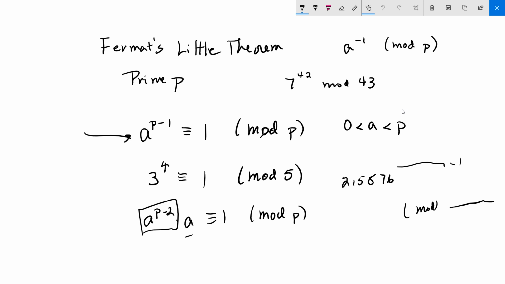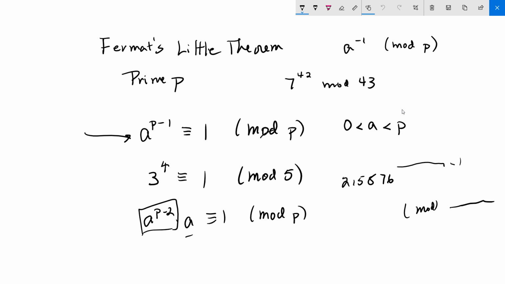If this equation is true, regardless of whether p is prime, a to the p minus 2 will be the inverse of a. In other words, there's an inverse of a mod n. But there can't be one unless a and p are relatively prime. So you're not going to get one out of the Fermat test if a and p are not relatively prime.